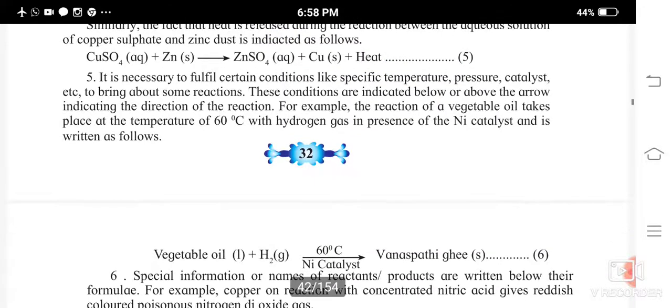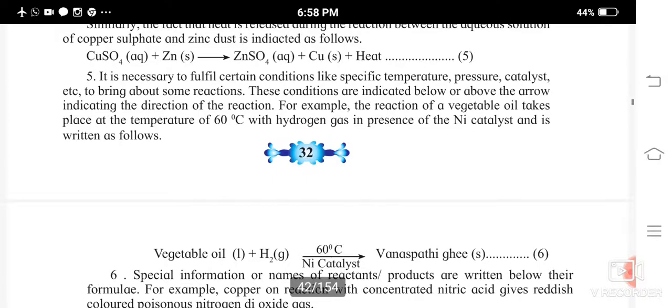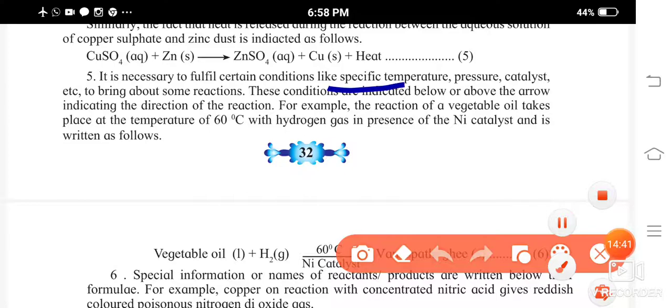Now next one, it is necessary to fulfill certain conditions like specific temperature, pressure, catalyst, etc. to bring about some reactions. So sometimes you will have to fulfill certain conditions. That means a certain specific temperature is required for the reaction to take place.